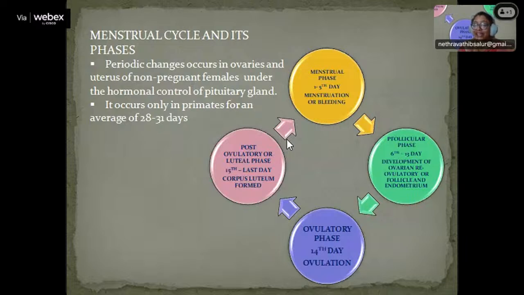If the egg is fertilized and pregnancy occurs, this corpus luteum will produce a hormone called progesterone. If the egg is not fertilized, then the corpus luteum will be thrown out of the body as the white body. So this is about the menstrual cycle. The menstrual cycle includes 4 phases: menstrual phase, follicular phase, ovulatory phase, and luteal phase.